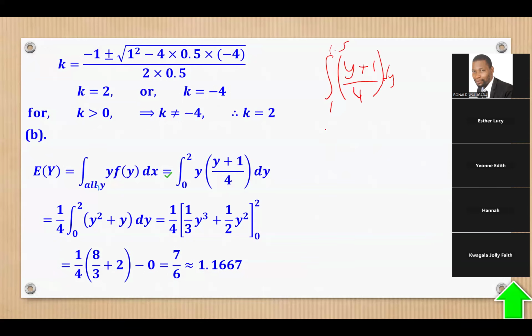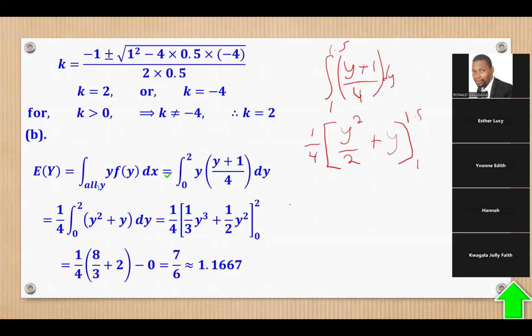Okay. Now when you integrate, what do we get? Let's just pull out a quarter. Then we remain with y plus 1 dy. Then when you integrate y you get? Y squared over 2. Integrate 1. Y. Okay, then the limits are still 1 and 1.5.